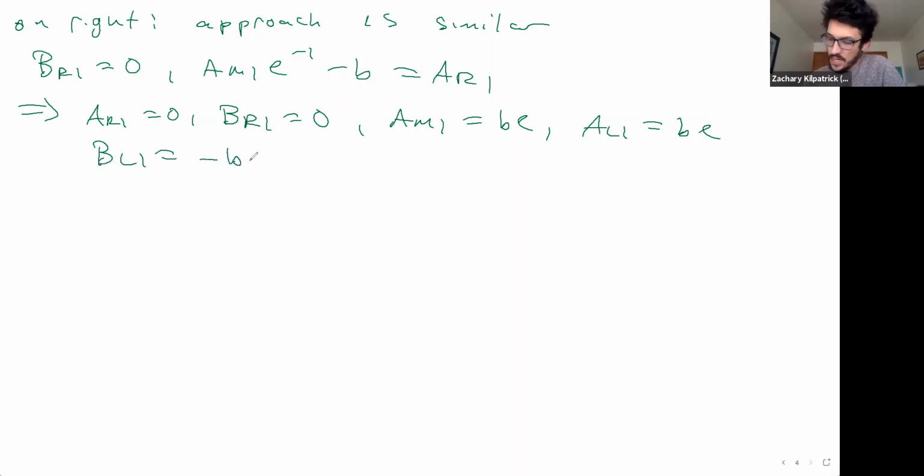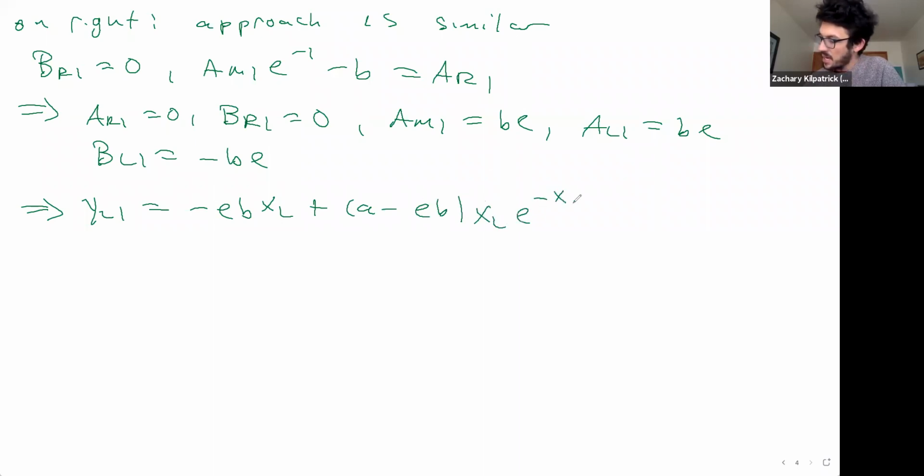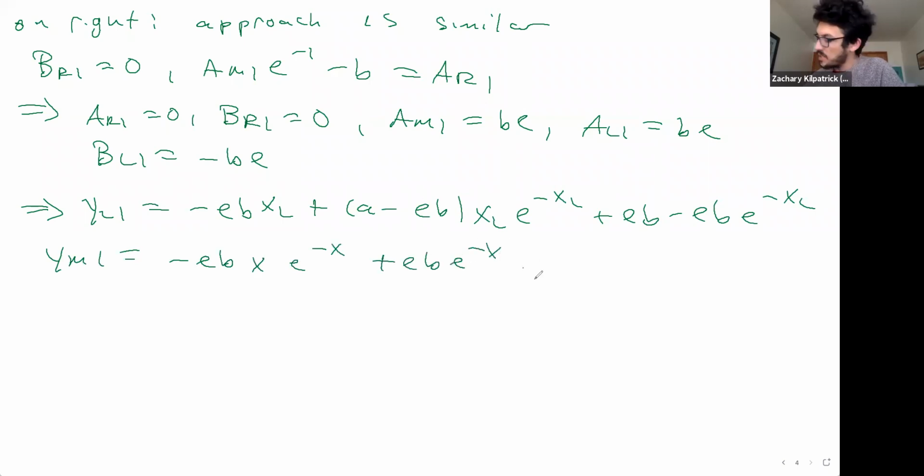B_L1 equals minus EB. Okay, so y_L1 equals minus EB x_L plus A minus EB x_L e to the minus x_L EB minus EB e to the minus x_L. And y_m is equal to minus EB x e to the minus x plus EB e to the minus x.